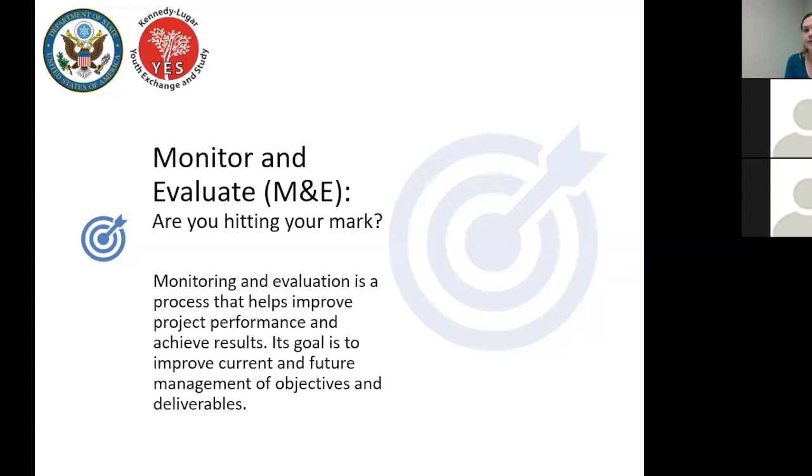Great. Yeah, so at the end of a project, you can use surveys and evaluations and data that indicate the impact and the results of the project that you're doing, to ensure that you're on track and you're meeting those goals, those SMART goals that we talked about before.